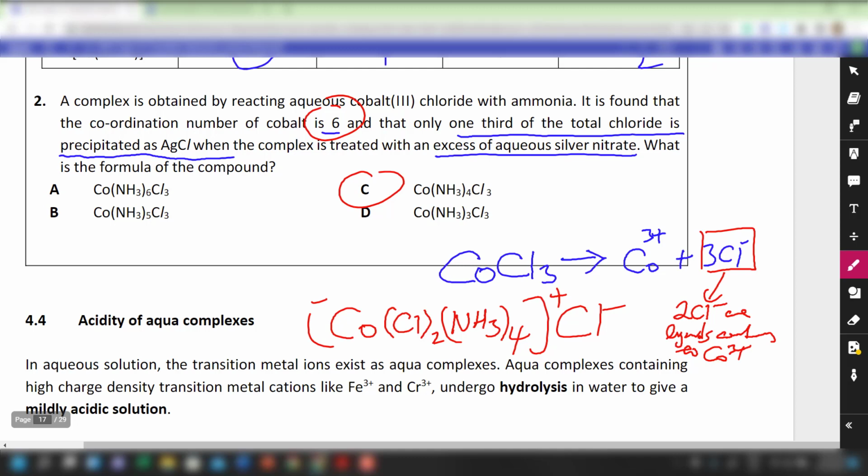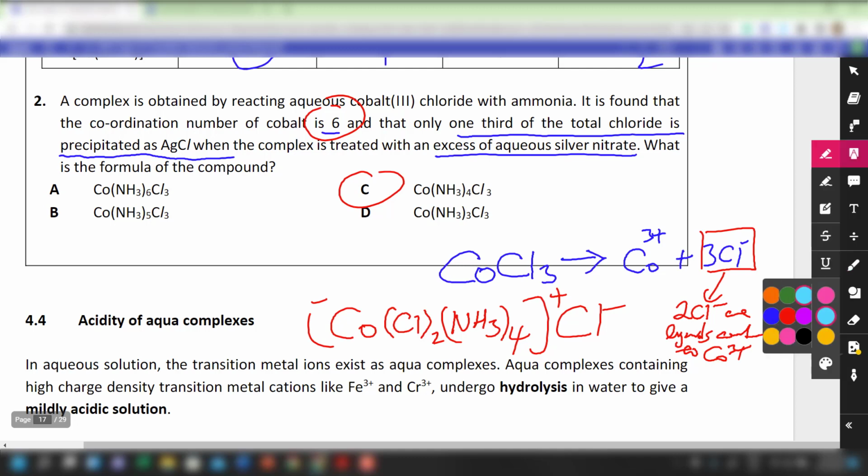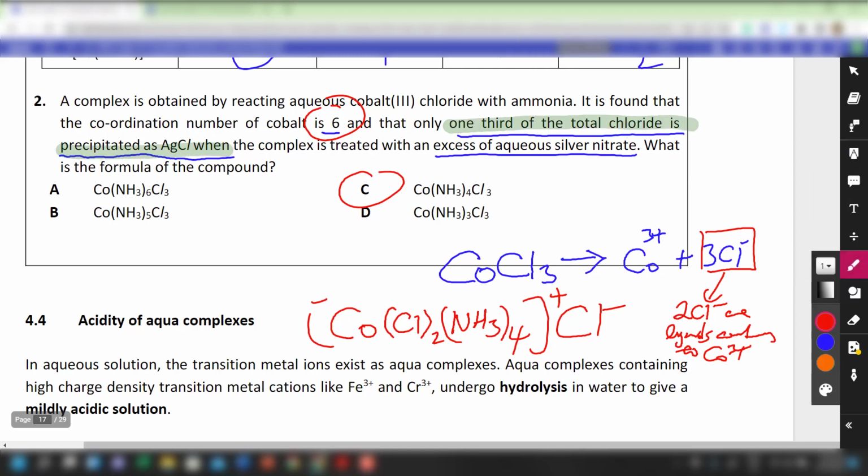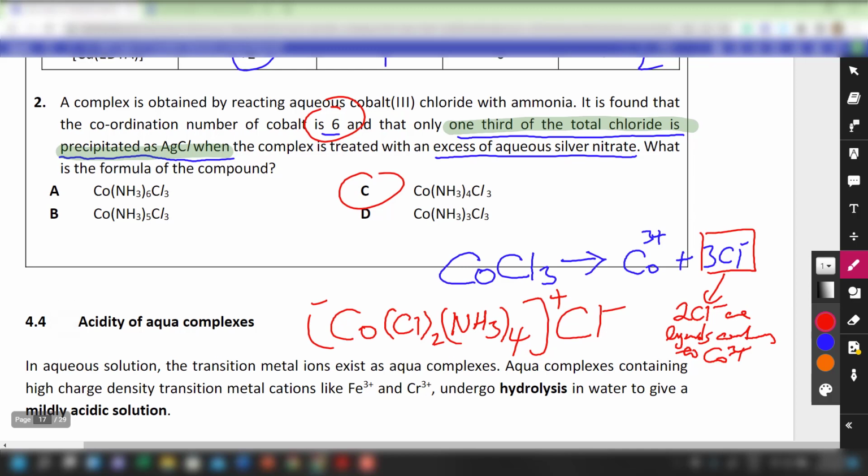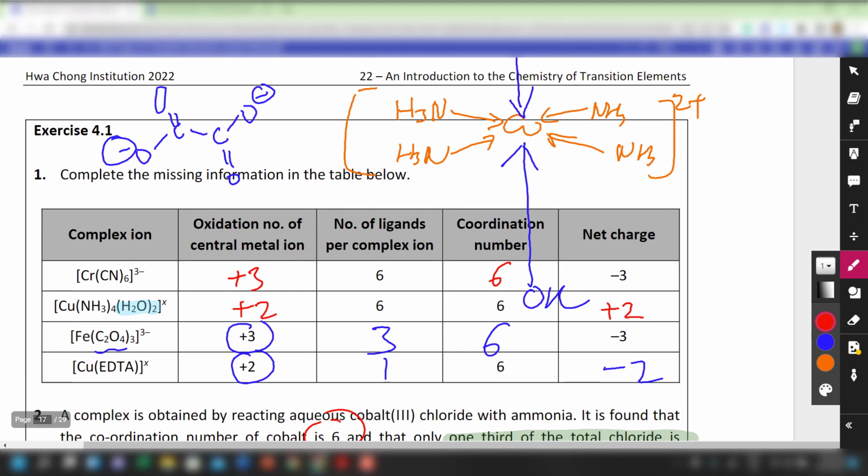And why is that the case? Because I'm given this very important hint: 1/3 of the total chloride is precipitated as silver chloride. With that, we have completed this particular exercise 4.1.